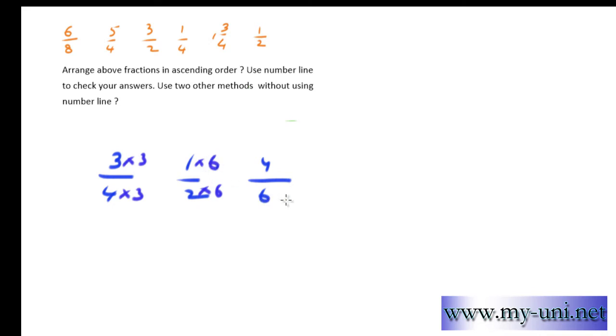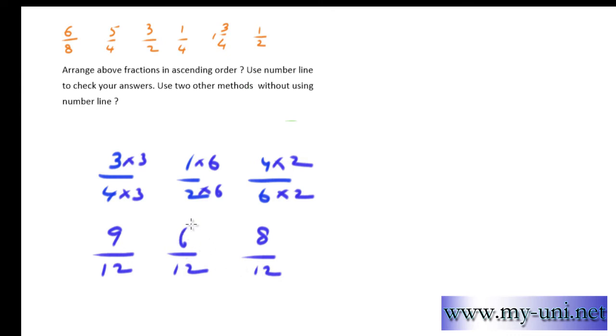To convert this denominator to 12, we have to times it by 2, and then we have to times 4 by 2 as well. So the fractions now look like 9 over 12, 6 over 12, and 8 over 12. The denominators are the same now.